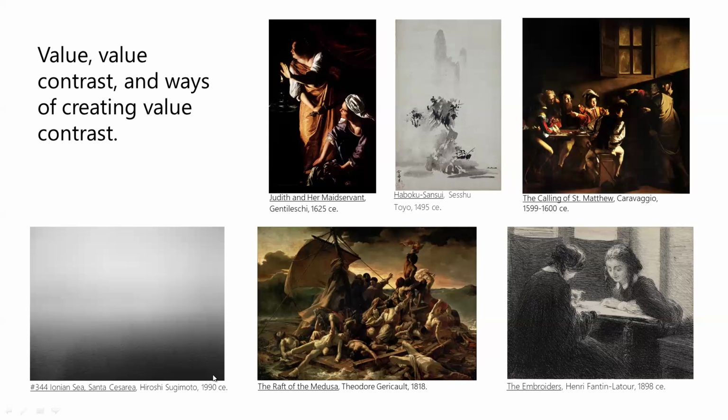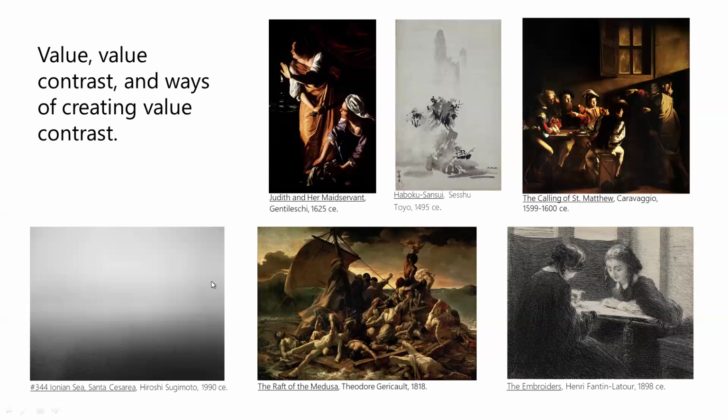Whereas here, the shift of value is so slow and gradual that it doesn't feel as high contrast. So value contrast is really made up of two components, right? The degree, the range, from the lightest light to the darkest dark, but it's also made up of the speed of contrast. How quickly does the value change from one area to another?